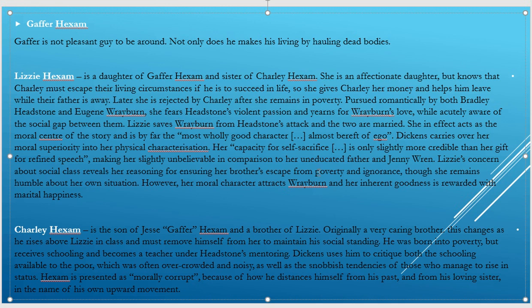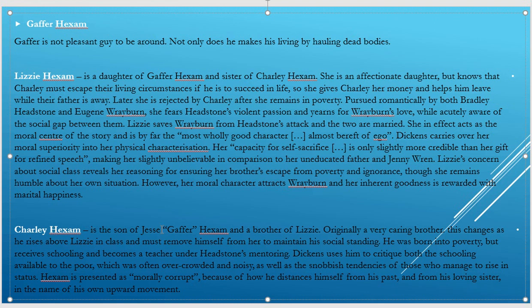And also, at the end, her moral character attracts Rayburn, and her inherent goodness is rewarded with marital happiness. So the story ends happily by marriage. That's Lizzie Hexam, how she convinced someone instead of convincing Charlie. She convinced Eugene Rayburn to marry her.